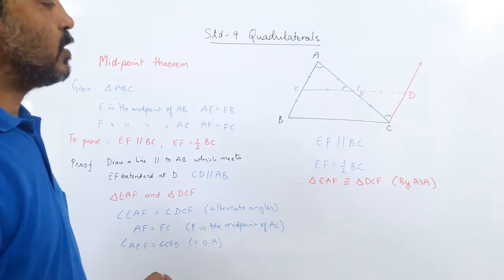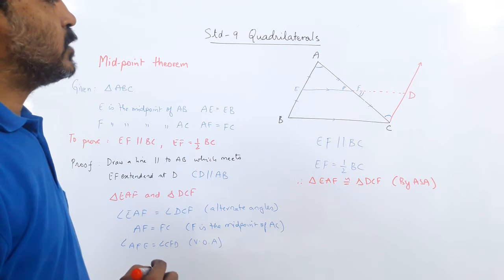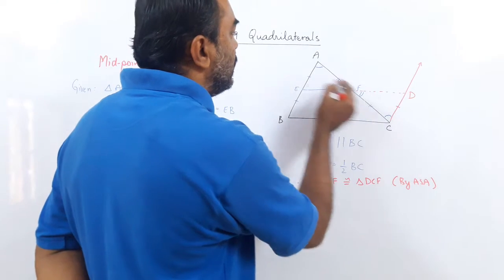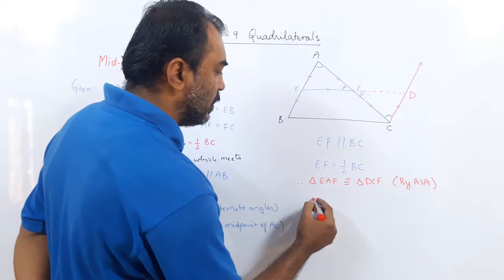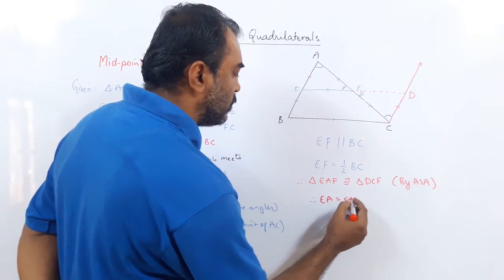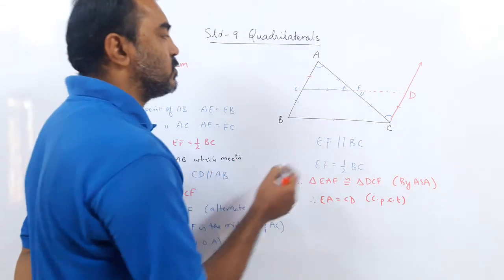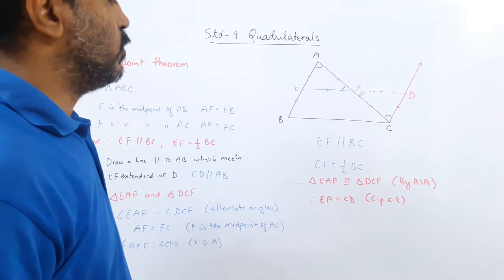Now if these two triangles are congruent, their corresponding parts should be equal. So EA and CD should be equal. Therefore, EA equal to CD by CPCT, corresponding parts of congruent triangles are equal.